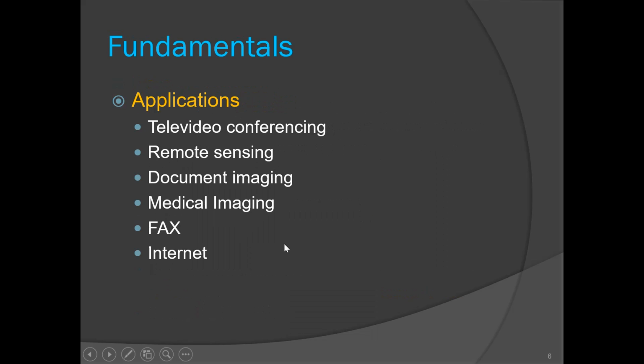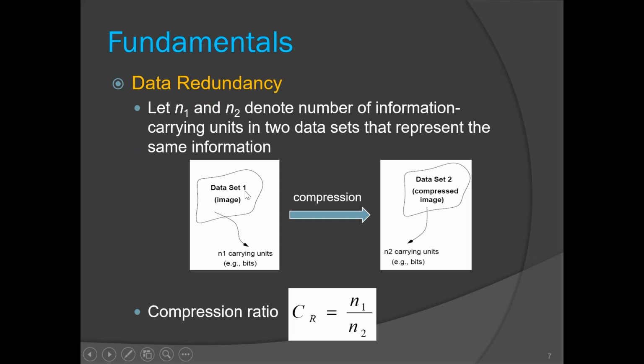Then next we have seen different applications of image compression. Then we have seen the definition of compression ratio. It is the ratio of the number of bits required before compression to the number of bits required after compression.